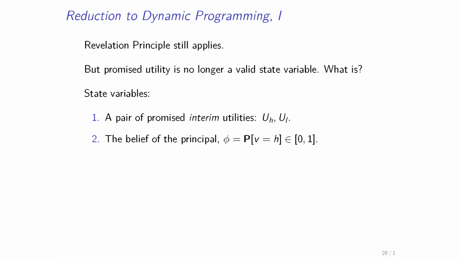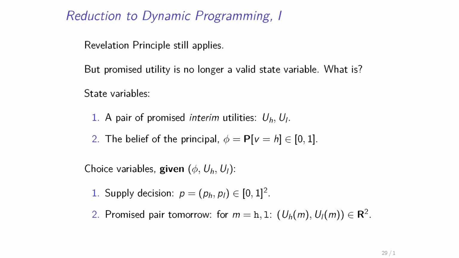Plus, we have to track the principal's belief over the agent's type. That's given by this Greek letter psi, and this is the principal's belief that the agent is high type today. So with these three state variables, we can go back to our Markov problem. Now, let's look at the principal's problem.